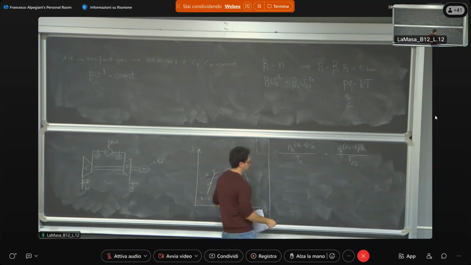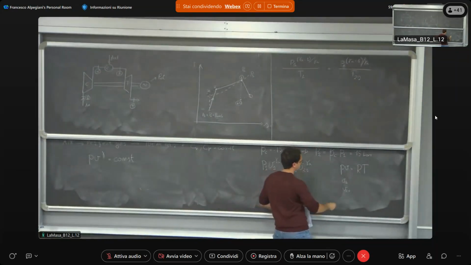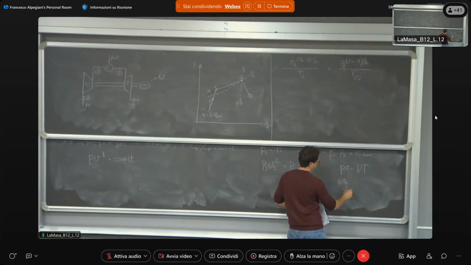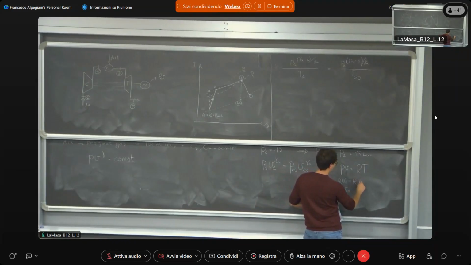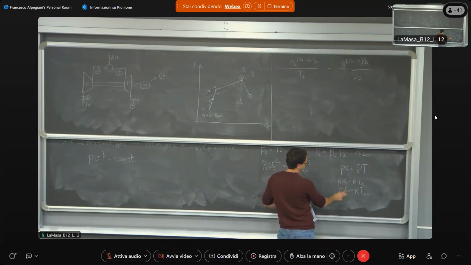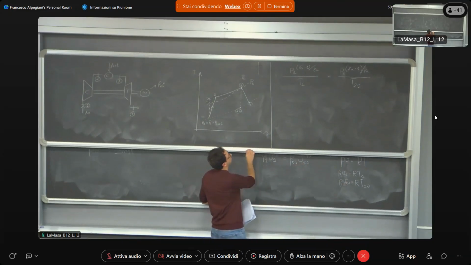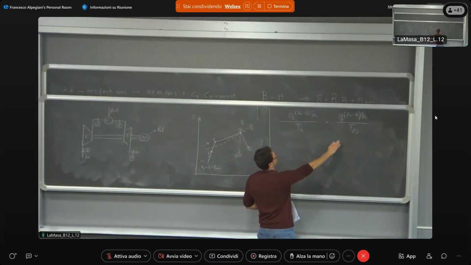So essentially, from here, we write P1 V1 equal to R T1 and P2s, which is equal to P2, V2s equal to R T2s. And from here, we find V1 and V2s, we substitute it inside here, and we can arrive to this relation, okay?